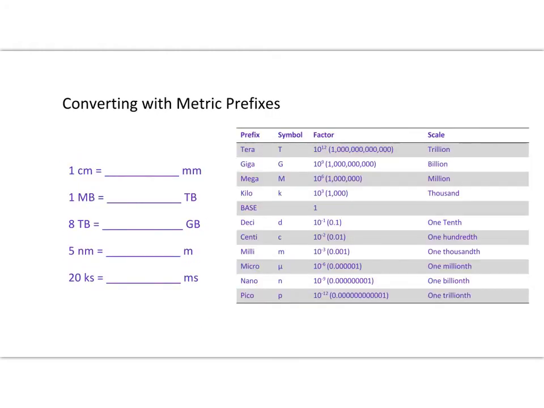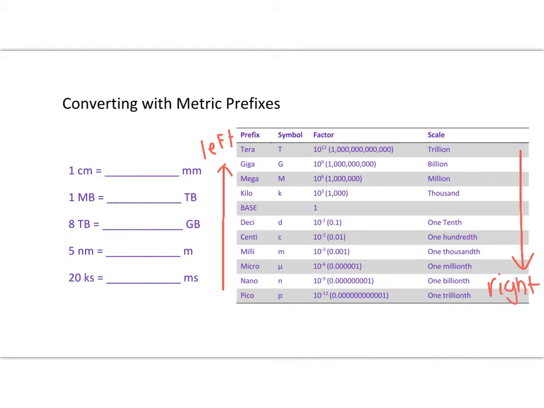All right, so let's dive in with converting with metric prefixes. Now, as I talked about on the other page, if I'm going from a small unit to a large unit, I'm moving my decimal point to the left. But if I'm going from a large unit to a small unit, my decimal point is moving to the right. Okay?